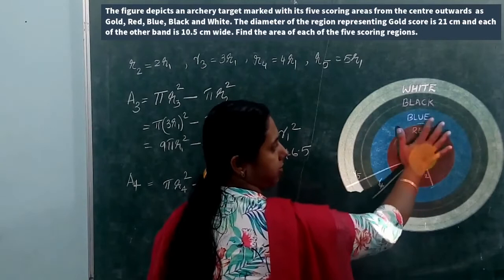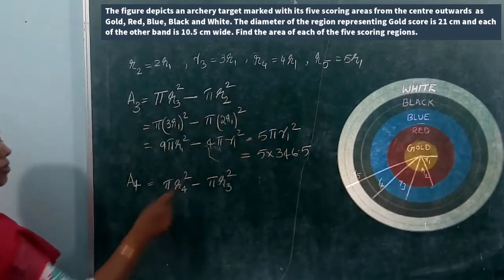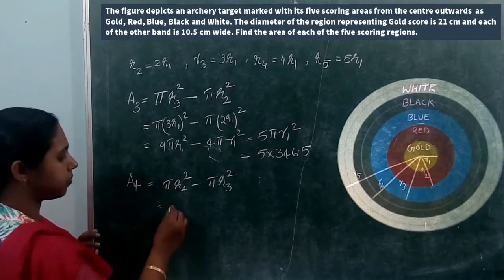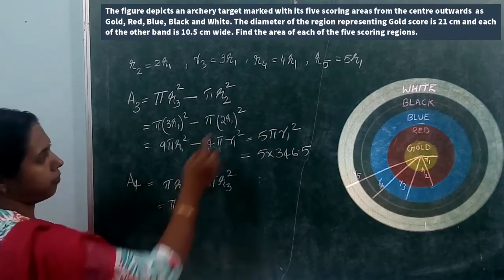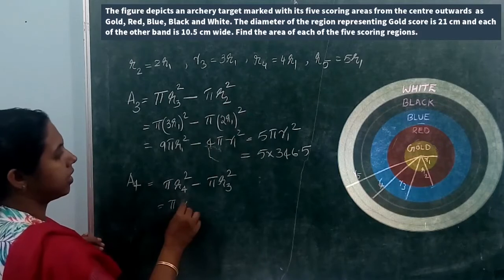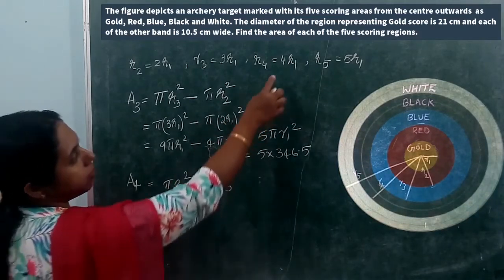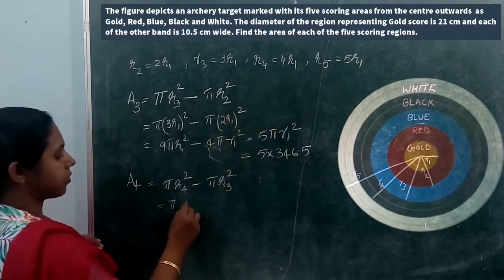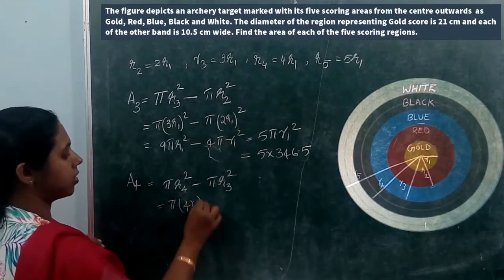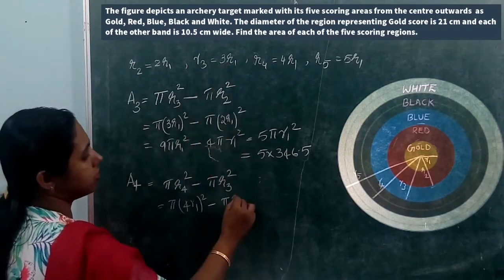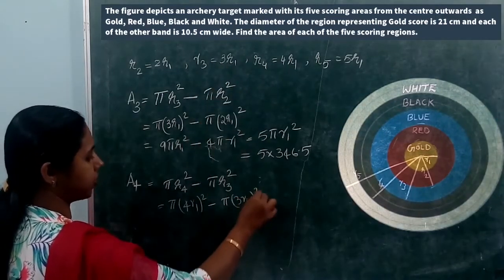You can substitute r4 is equal to 4r1, so 4r1 whole square minus pi into r3 is equal to 3r1 whole square.